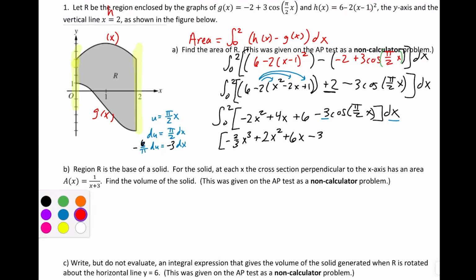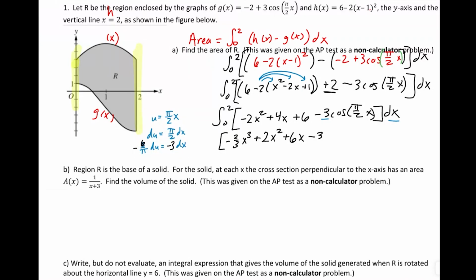All right, and I'm going to do the little antiderivative again out to the side here, just to save a little bit of space. So yeah, I've got the integral of cosine of u, because u is pi over 2x, and then times negative 6 over pi du.